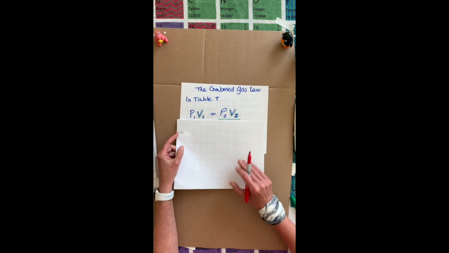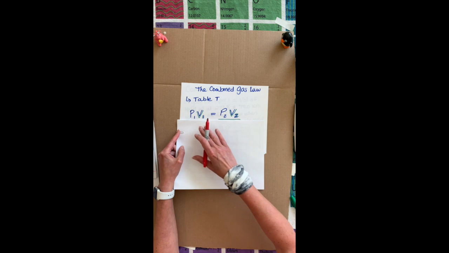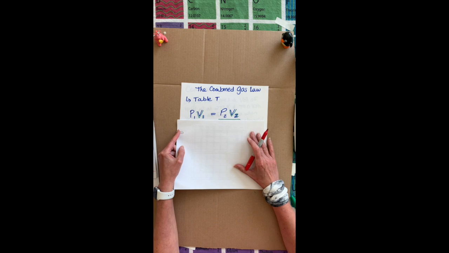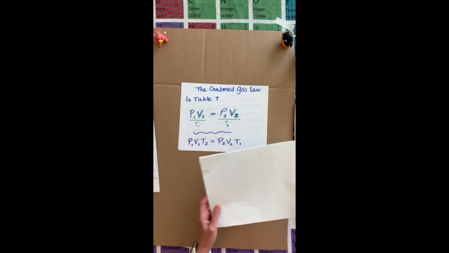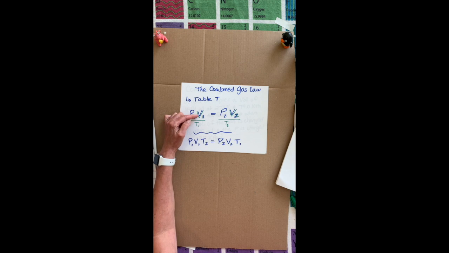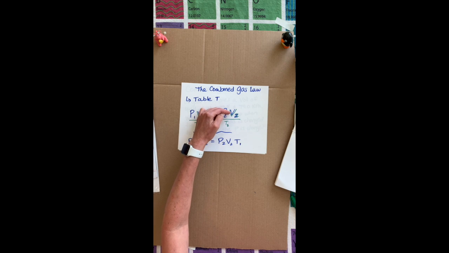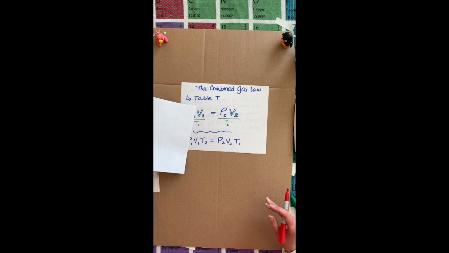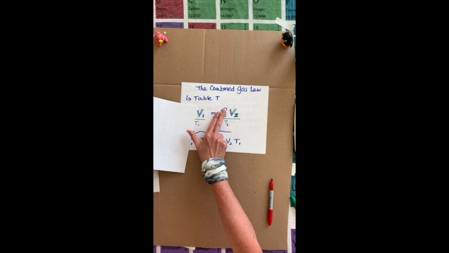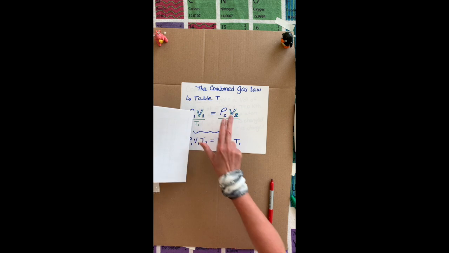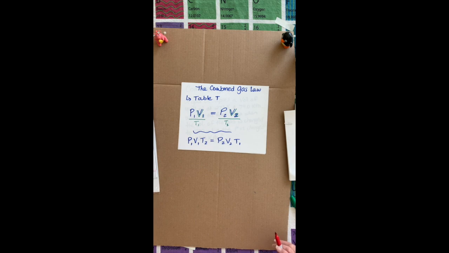If I cover that bottom part, this is Boyle's law. Now, if I look here, V1 over T1 equals V2 over T2. So if I cover the pressure, we have Charles's law, and that makes the combined gas law.